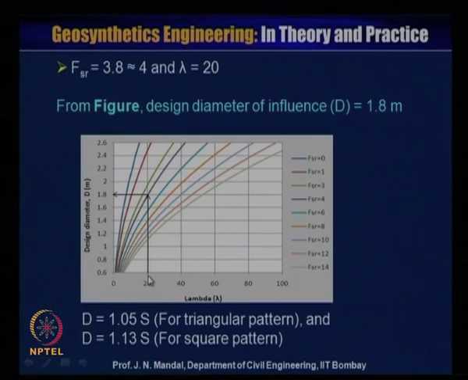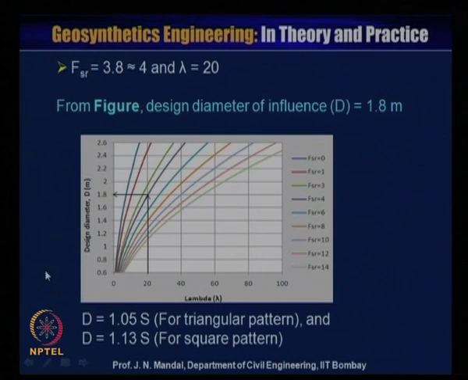So with lambda 20, you move up to where FSR is about 4, then move horizontally, and you can obtain the design diameter D. This design diameter of influence D is 1.8 meter.